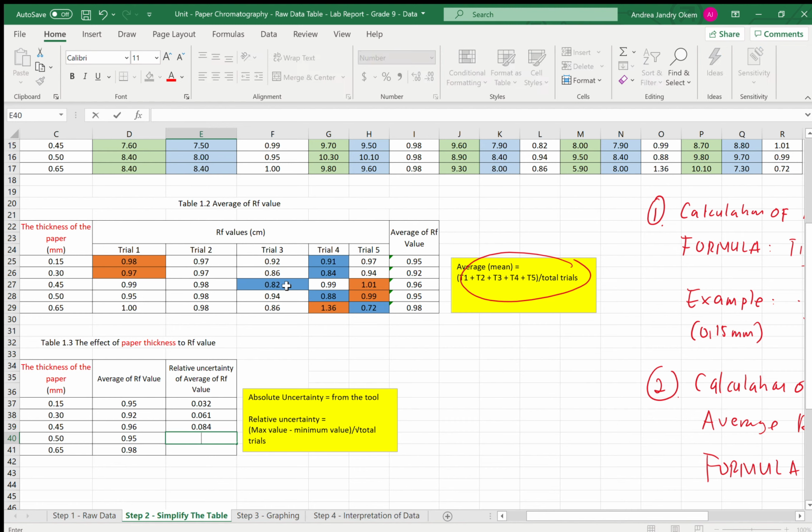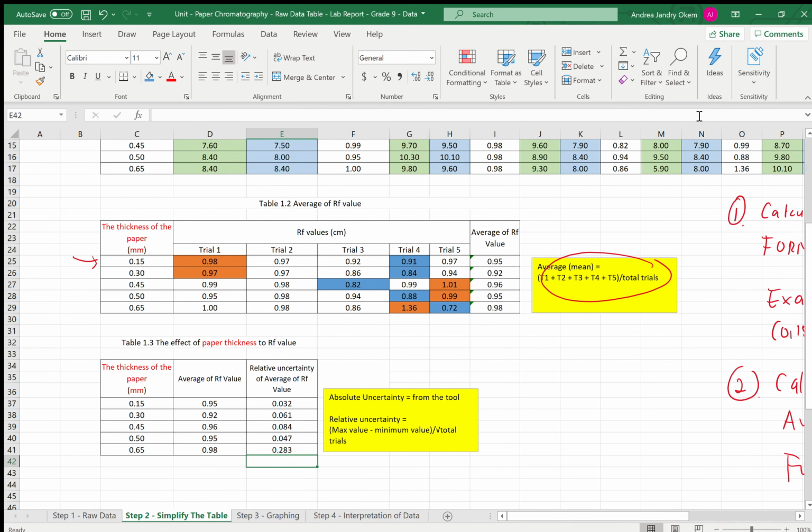Equals, I open the bracket, and then highest minus lowest, and then the SQRT 5, and then the last one equals, open the bracket, highest minus lowest, close the bracket, SQRT 5. Okay, and then you can find the relative uncertainty. So this is the table that we have already done.